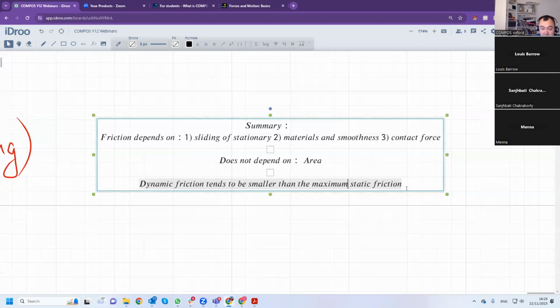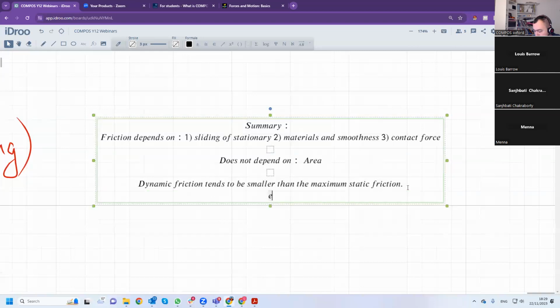Okay. Example: harder to get a heavy fridge moving rather than to keep it moving.